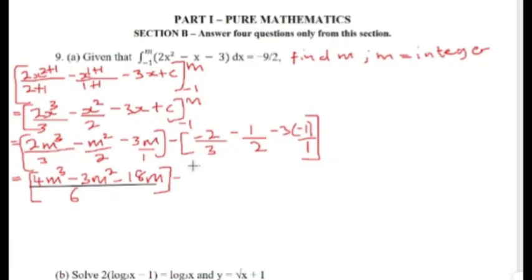So we do the same thing for this part. The LCM remains 6. So 3 into 6 gives us 2, this becomes minus 4. Then 2 into 6 is 3, this becomes minus 3.